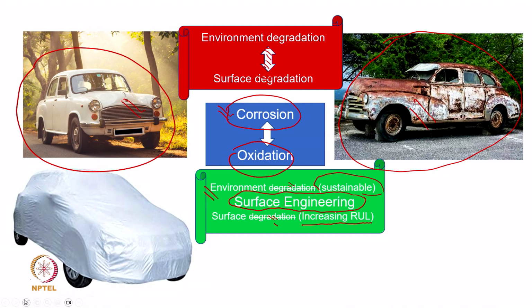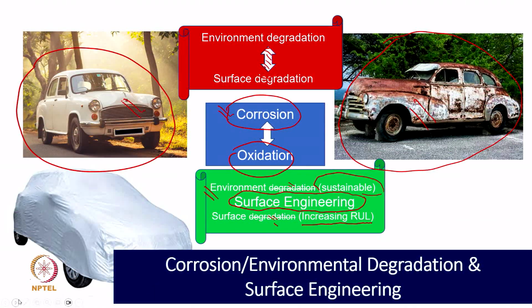So, it is an overall win-win situation. We provide a clean, sustainable environment, and we provide a sustainable solution for the product by increasing its residual life. Now, all this together will be covered in our course: corrosion, environmental degradation and surface engineering.